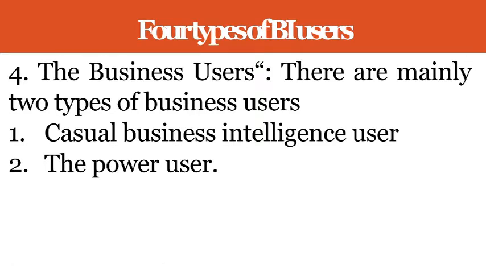The difference between the two is that the power user has the capability of working with complex data sets, while the casual user makes use of dashboards to evaluate predefined sets of data. So that's the difference between the casual and the power user.